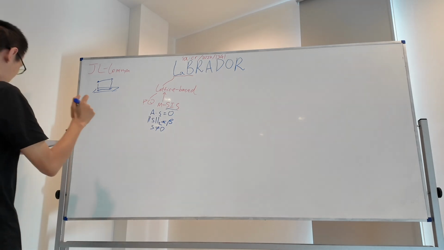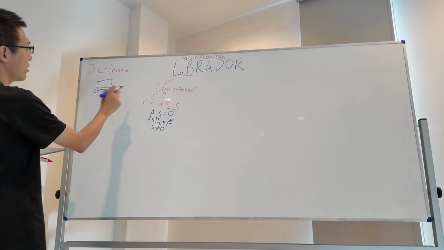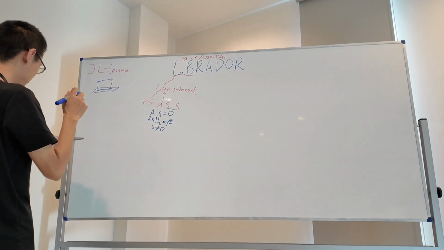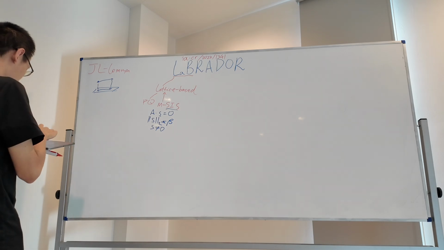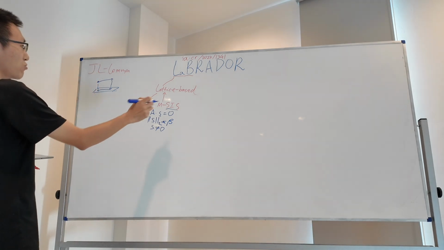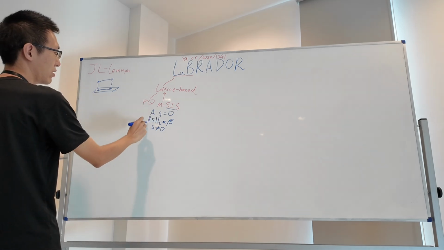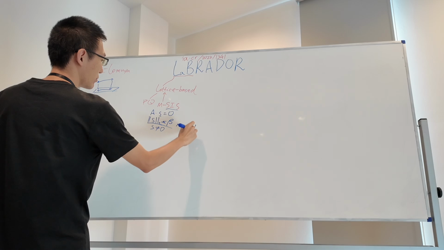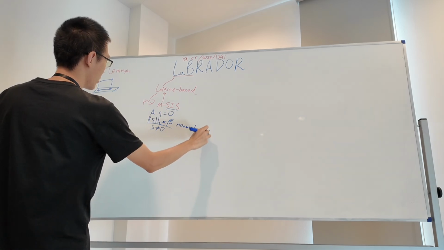So we can use this to reduce the size we want to prove in Labrador to reach this norm bound requirement.